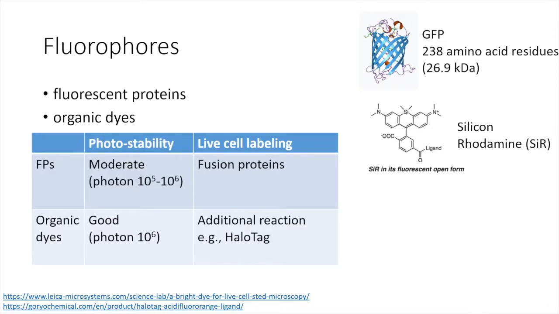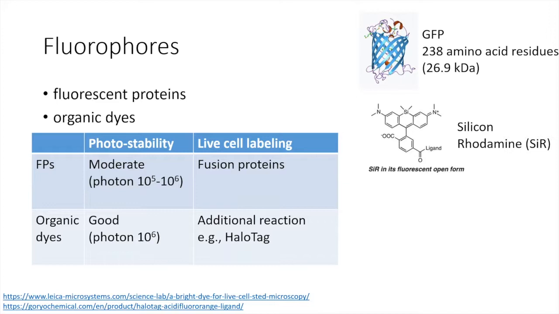When we compare them, organic dyes usually have better photon budgets than fluorescent protein. That means for your system, if you want a better signal to noise ratio, or you want to image longer, organic dye will be better.